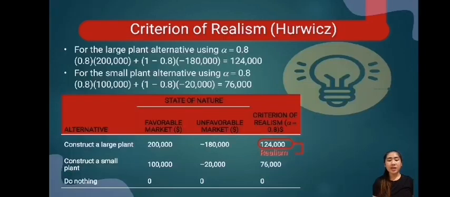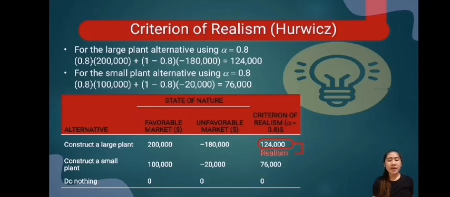Each alternative is computed and then the highest weighted average is chosen. If we assume that Thompson set his coefficient of realism to be 0.8, then the best decision would be to construct a large plant.